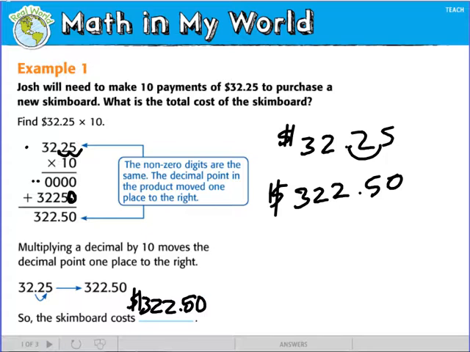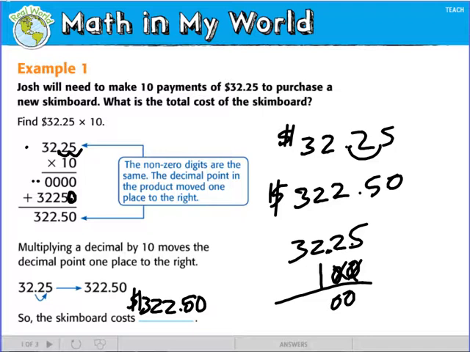Alright, so if we were to multiply this by 100, according to what they're telling me, 32 and 25, right, 100, I would have 2 placeholders to get rid of both my zeros, okay? Then I would have the problem.